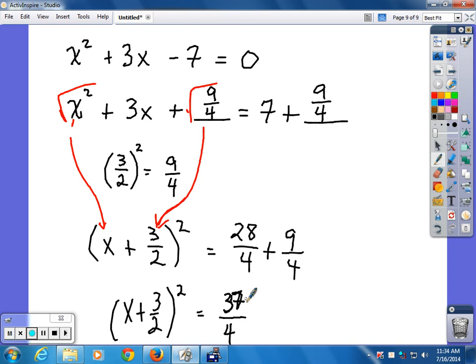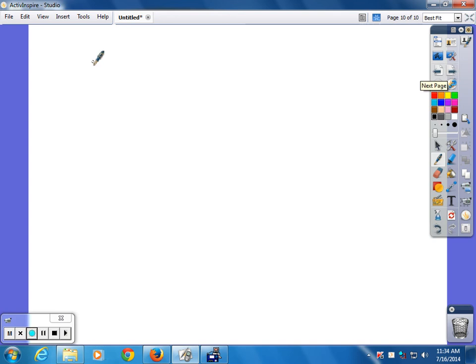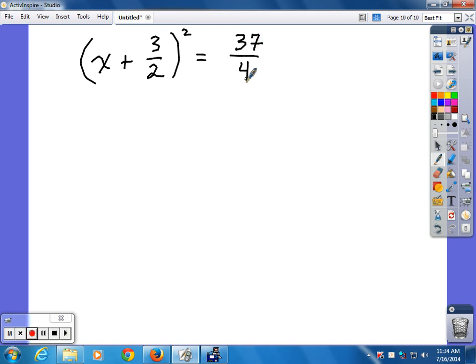All right, I'm going to take it to the next page, and I want you to find the vertex, which is the opposite of the inside number, and solve it. So x plus 3 halves, quantity squared, is equal to what? 37/4. All right, who's got a question?